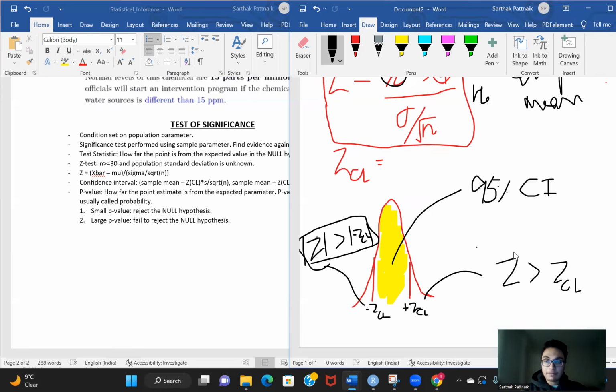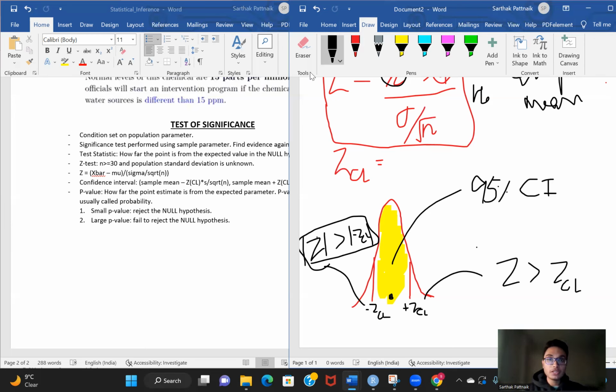My test statistic Z that I'm calculating from x bar minus mu upon s by root n, if that lies beyond this, then we can say that it lies beyond my confidence level and therefore we can reject the null hypothesis. But if it lies somewhere in between, like if my Z statistic lies here, then we won't be able to reject our null hypothesis because it does not lie beyond the confidence level. We'll come back to this idea once again when we'll be solving a few questions.